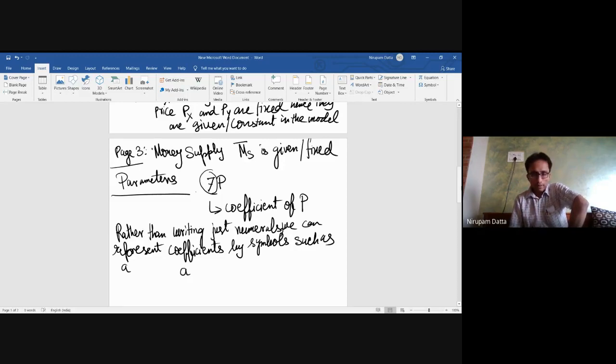Hence, we can write something as aP. So we are generalizing this coefficient rather than putting in a particular value. So this a can take any value.